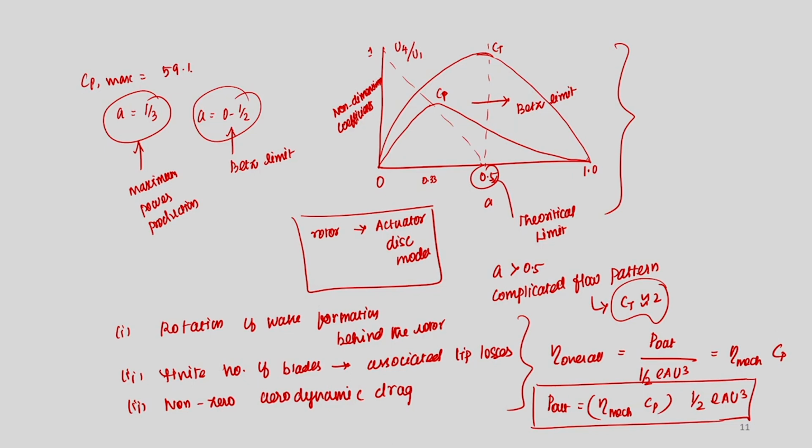So, this is all about what we have discussed in the past 2 classes, and here we used the linear momentum theory to derive this power coefficient. This also can be done with certain correlations. One such correlation we will be seeing now.